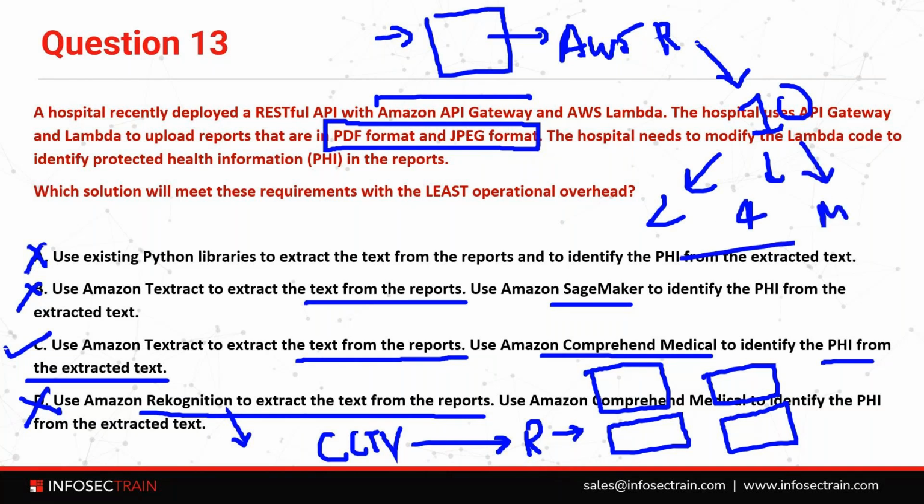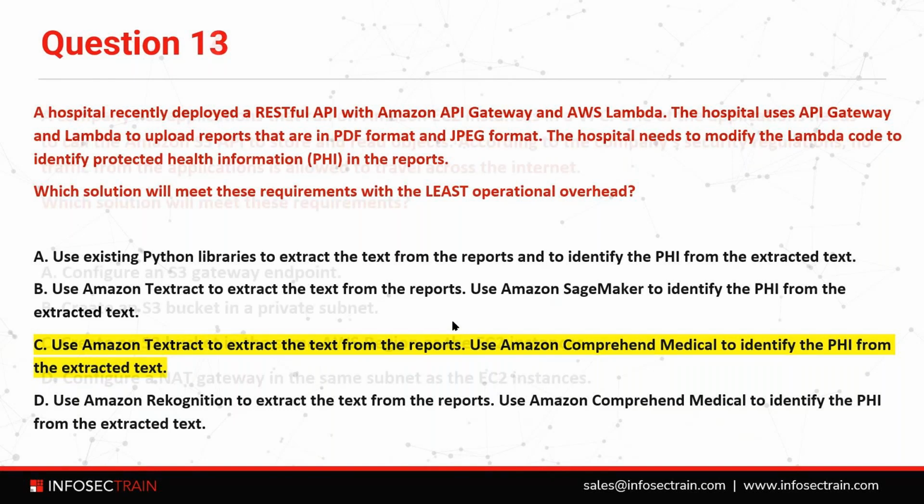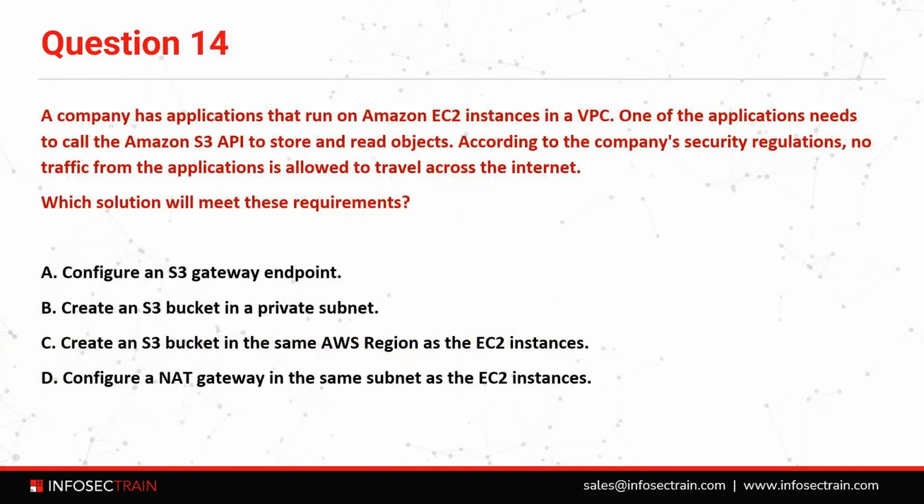That's called a recognition service, but in this case the C is going to be the answer. Fine, I hope this is crystal clear with everyone. Perfect. Now, this is the next question. Everyone please look into it.